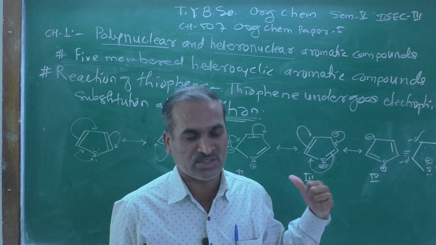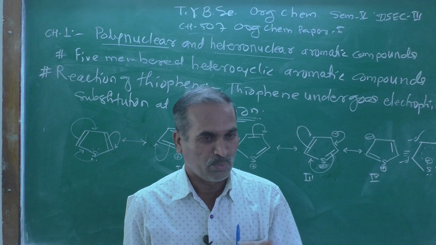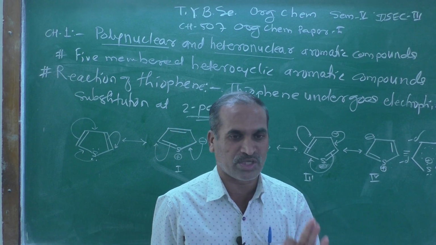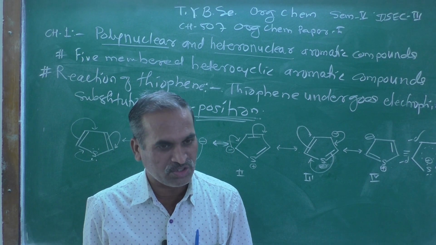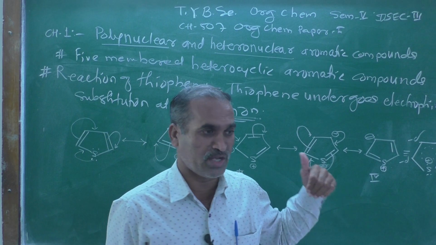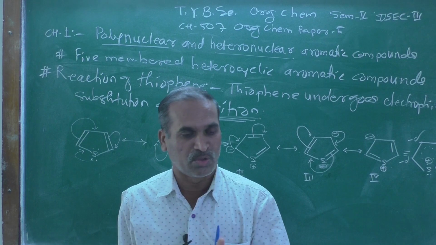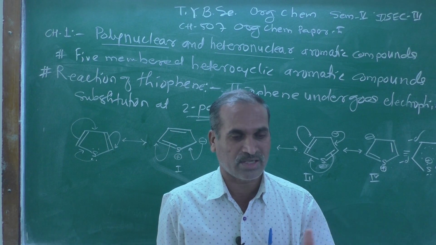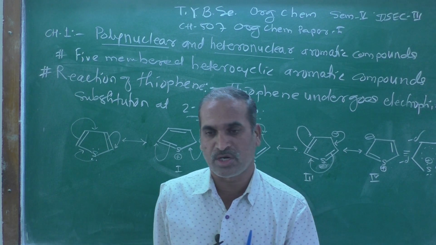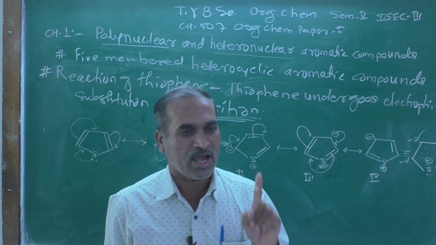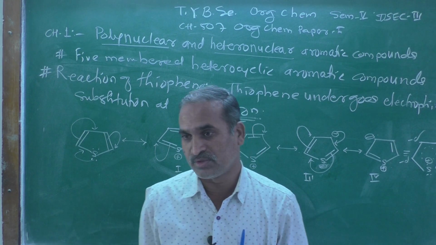But here the question is whether the electrophilic substitution reaction occurs at the 2 position or the 3 position. We already discussed this in the previous two compounds: electrophilic substitution preferably attacks at the 2 position and not at the 3 position.